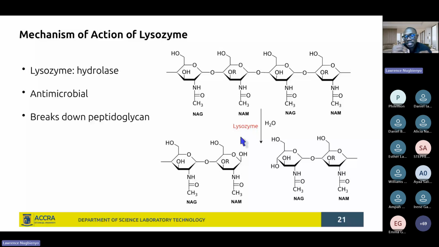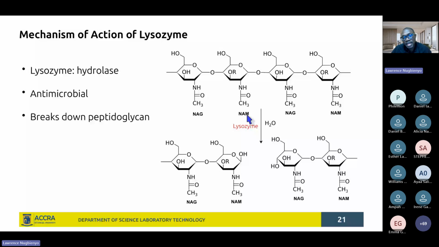Now, peptidoglycan is a polysaccharide consisting of N-acetylglucosamine. What you see as NAG is N-acetylglucosamine. And N-acetylmuramic acid, which is NAM.